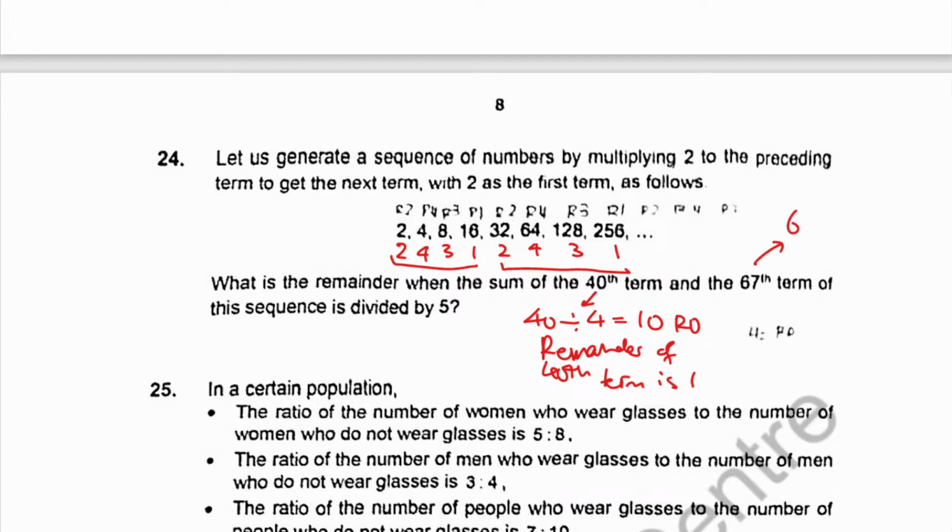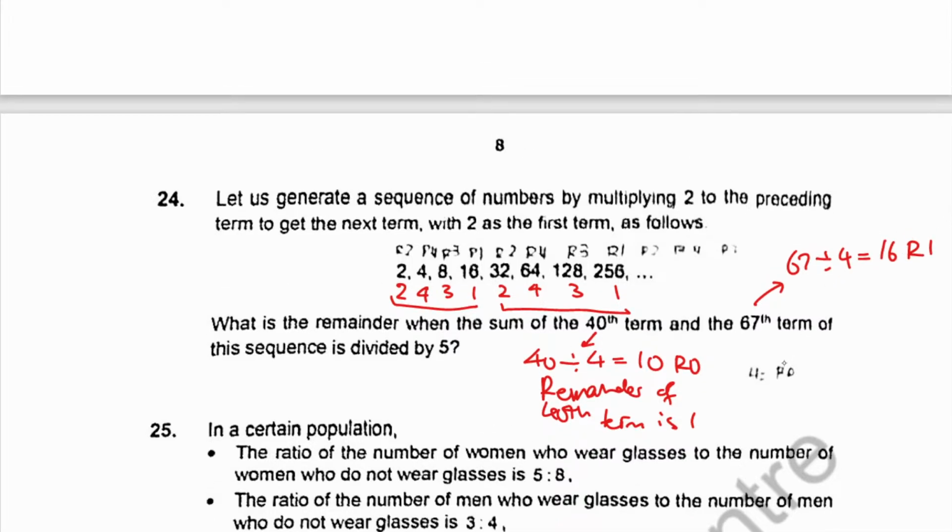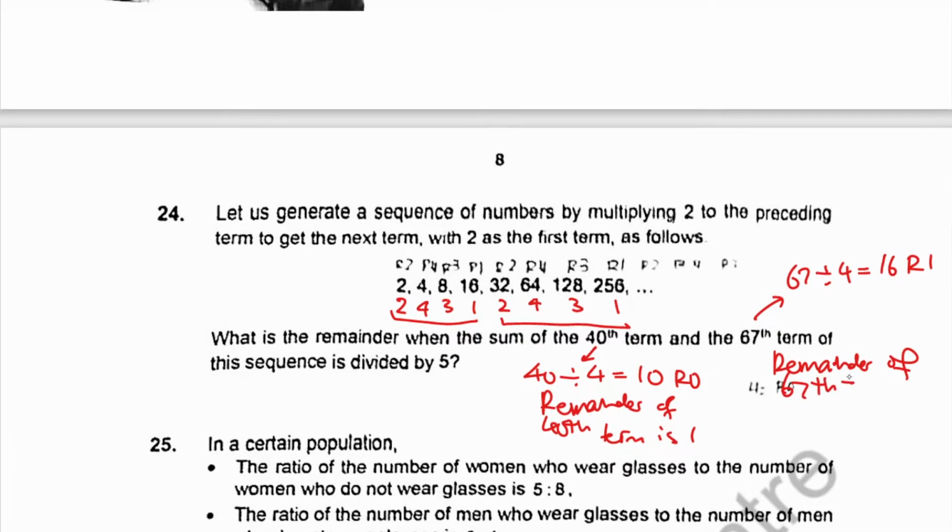And then 67 divided by 4 is 16, remainder 1. So the remainder of the 67th term is 2. Okay, so 1 plus 2 is equal to 3, and that would be the remainder of the sum when I divide it by 5.